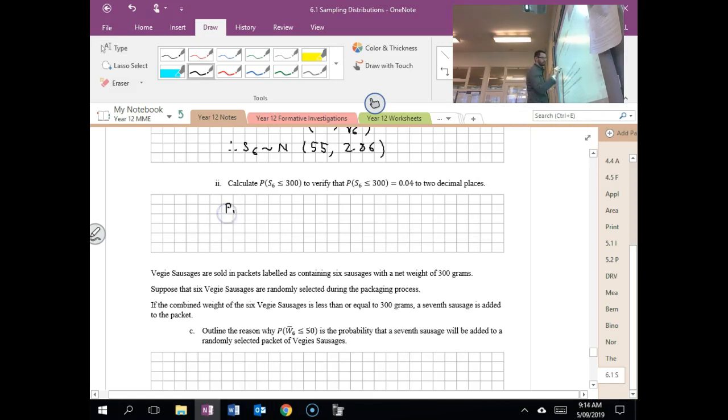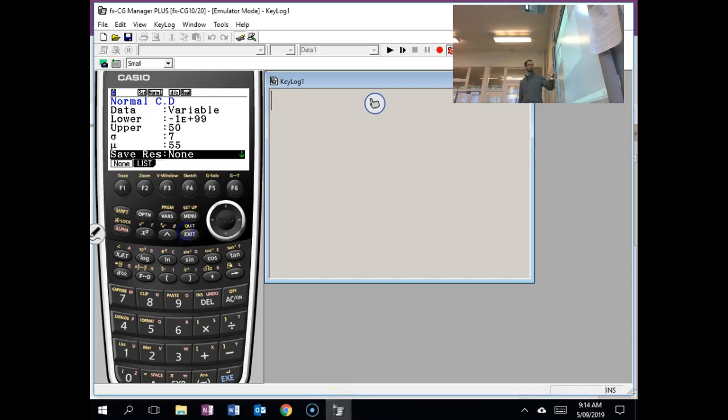Okay, so the probability that S6 is less than or equal to 300, we know it's normal, so this is going to be an NCD calculation. Jumping back, less than 300. So our lower value will stay as it is.